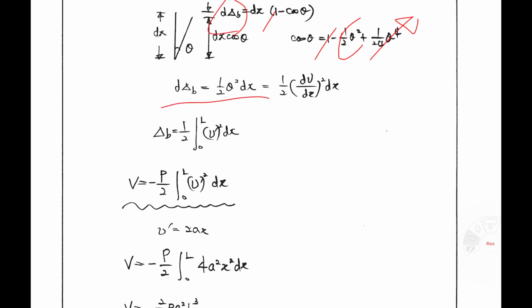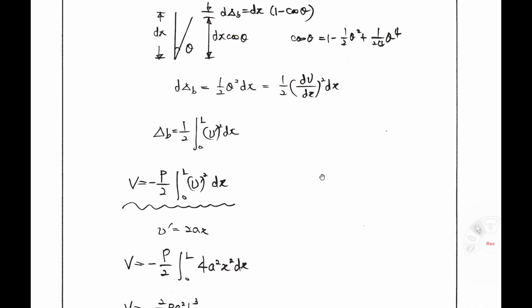Theta equal dv dx, right? Squared. So dv dx is v prime squared. So delta B equal, you have to take the integral of this term. That is the equation. So your V equal delta B times P. That is V, right? So potential energy rules. Okay, so minus, right? So P over 2 integral 0 to L V prime squared dx.